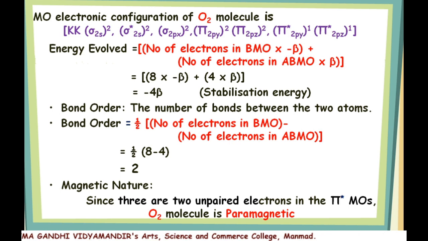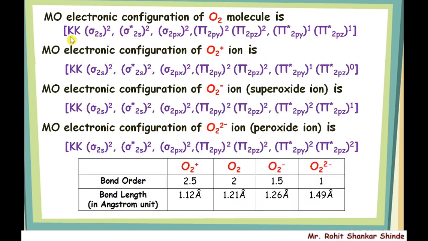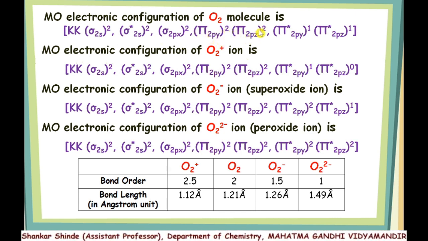Now let us see the effect of the number of electrons in the anti-bonding molecular orbitals on bond length in diatomic species of oxygen. In case of oxygen molecule, its electronic configuration can be written in this way: KK sigma 2s2, sigma star 2s2, sigma 2px2, pi 2py2, pi 2pz2, pi star 2py1 and pi star 2pz1.